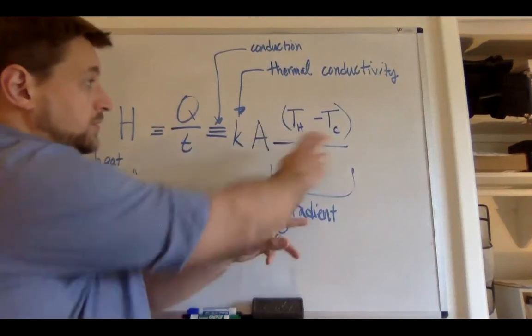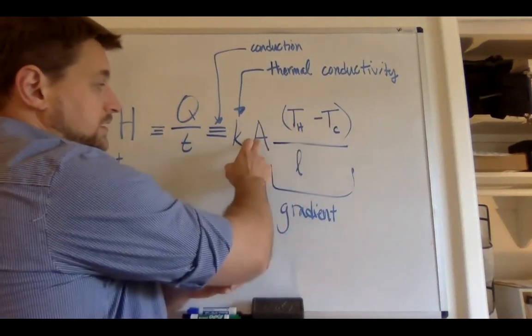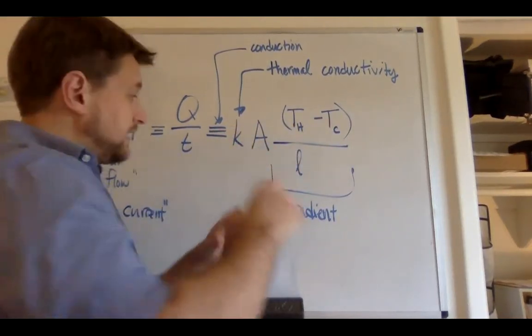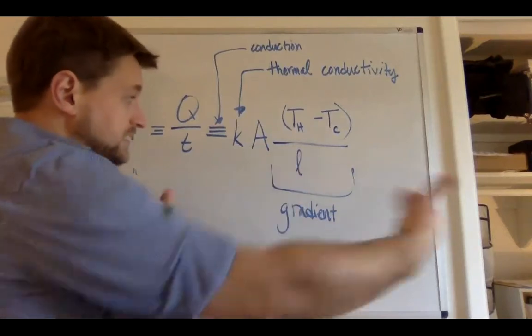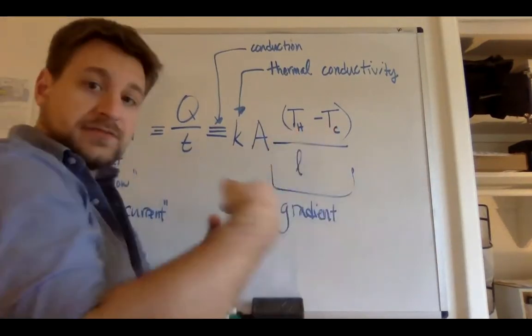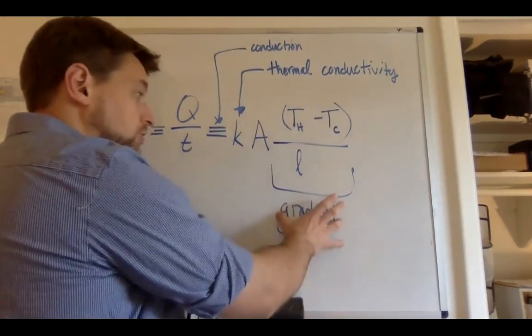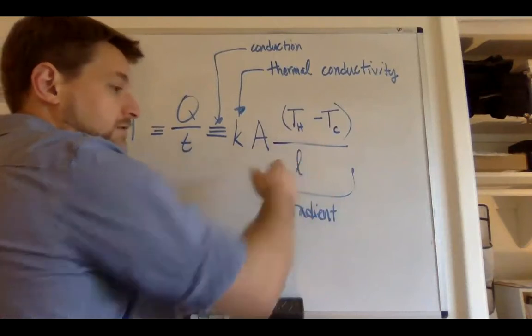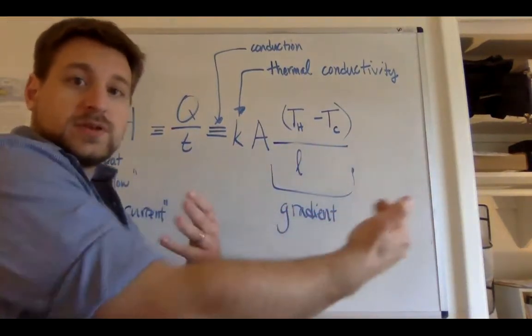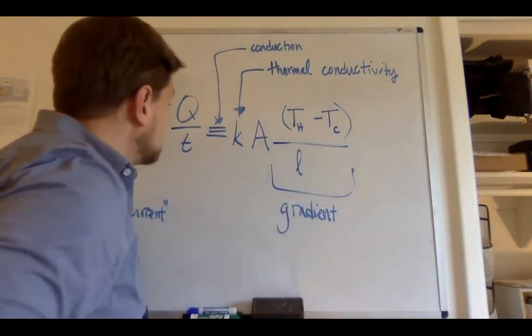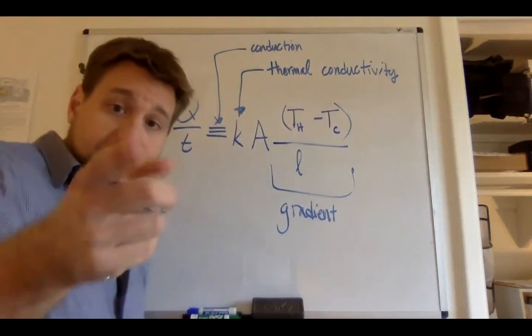Okay, remember again, we've got the cross-sectional area, the area of contact, through what distance and what temperature differential, what is the temperature gradient, temperature change over the length across which that change is occurring. Okay, let's take a look at some slides.